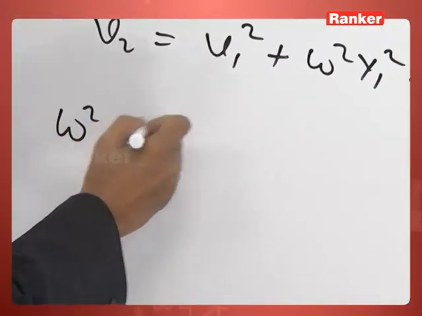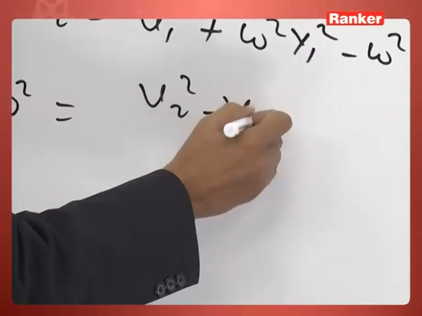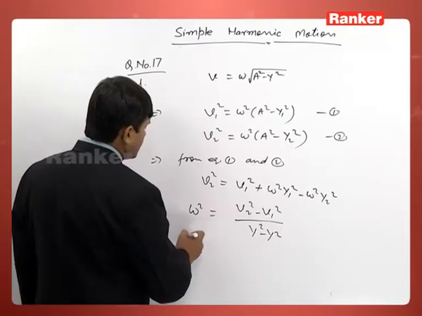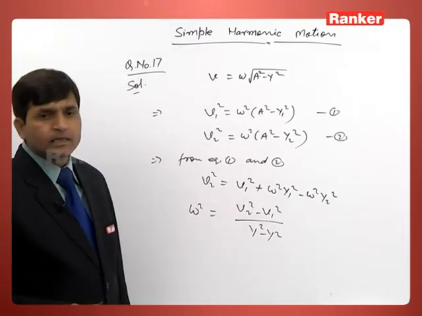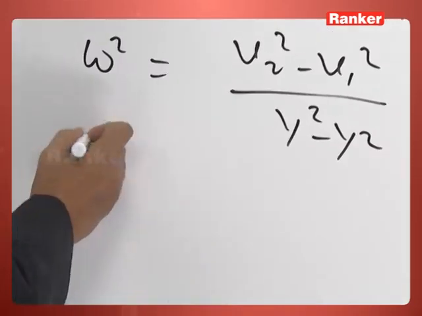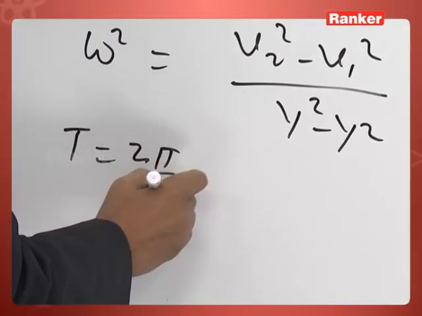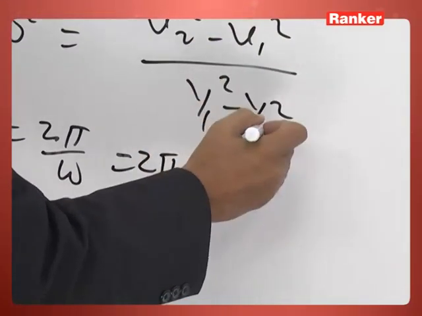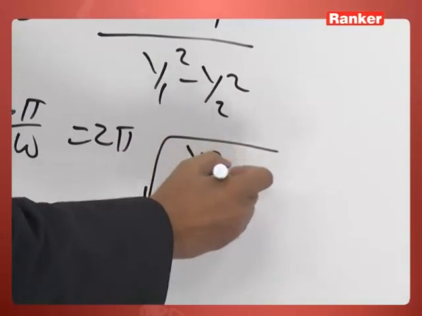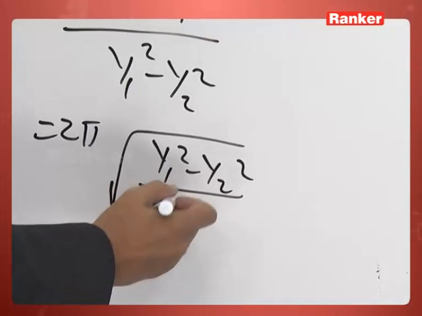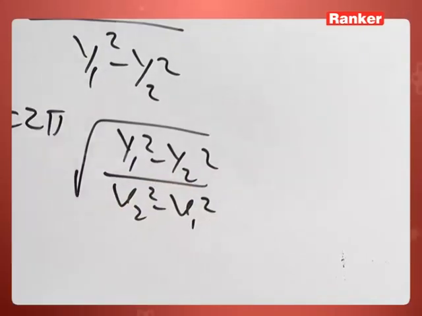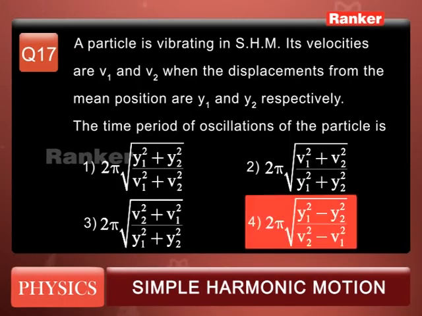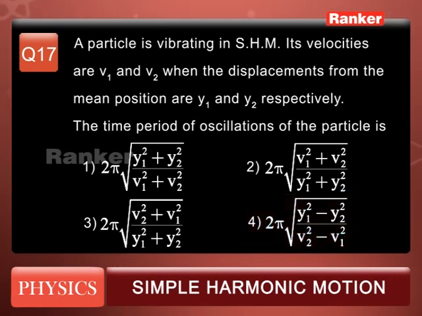So omega square is equal to v2 square minus v1 square by y1 square minus y2 square. They are asking the time period of oscillation. So time period is 2 pi by omega, which is 2 pi root over y1 square minus y2 square by v2 square minus v1 square. This is the option. So option number 4 is the correct answer.